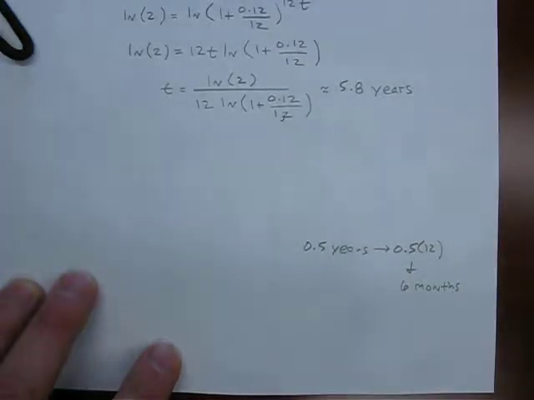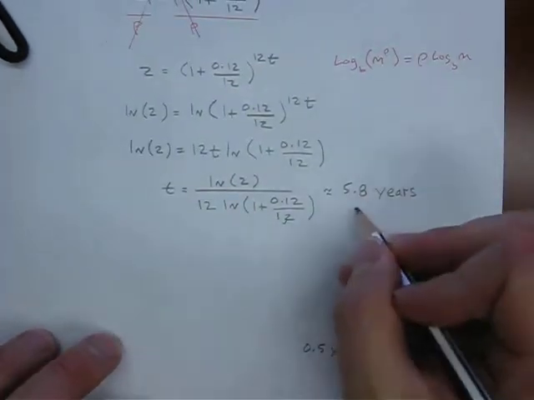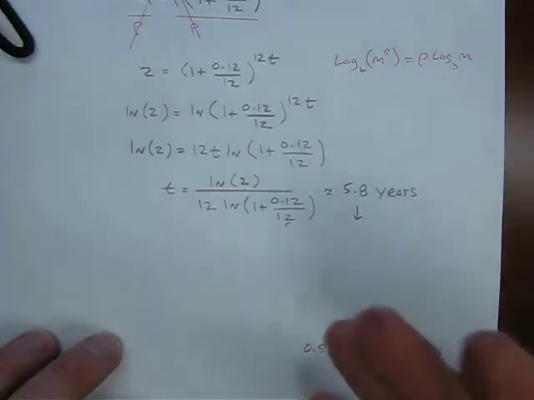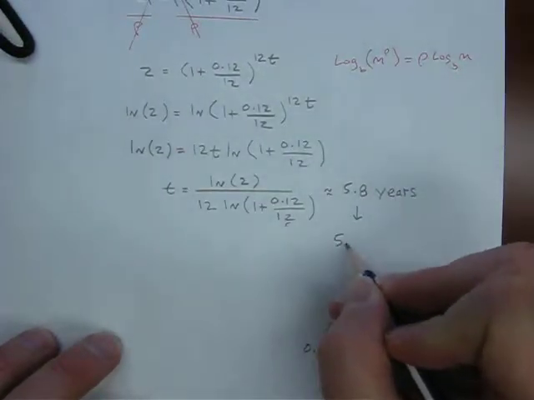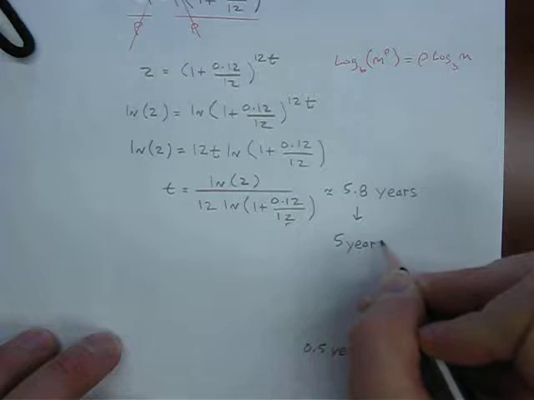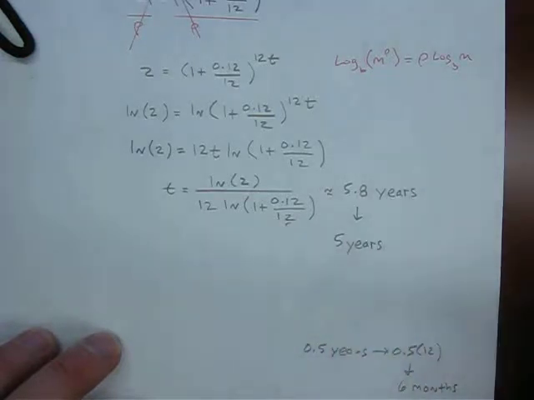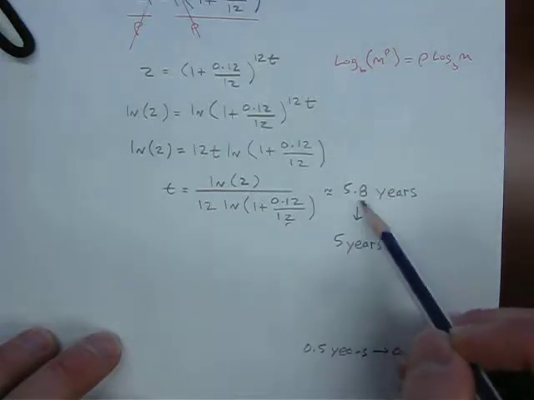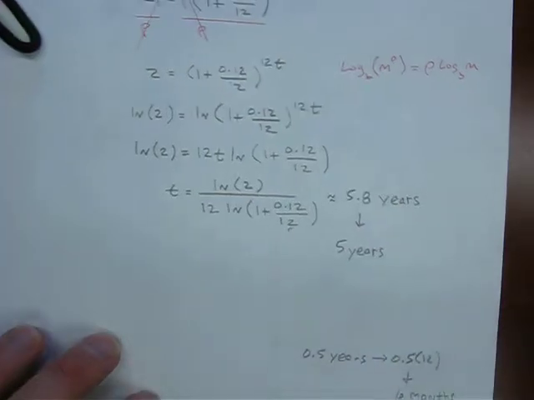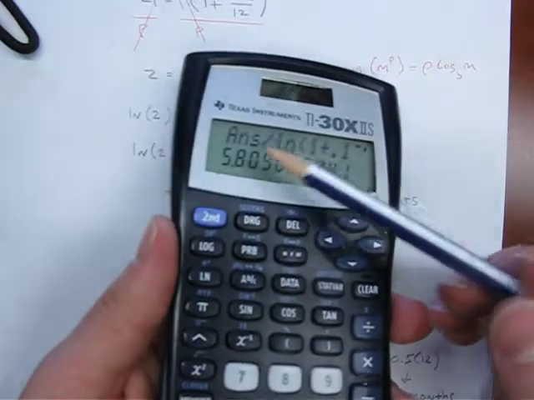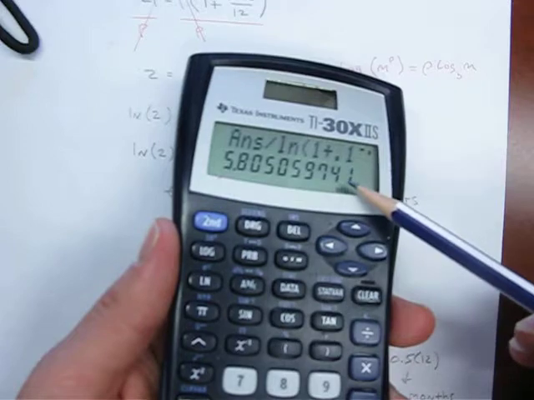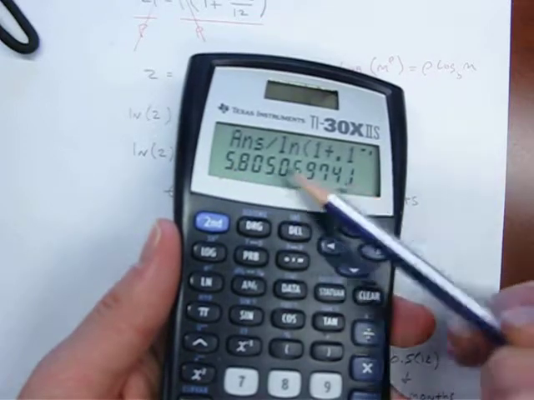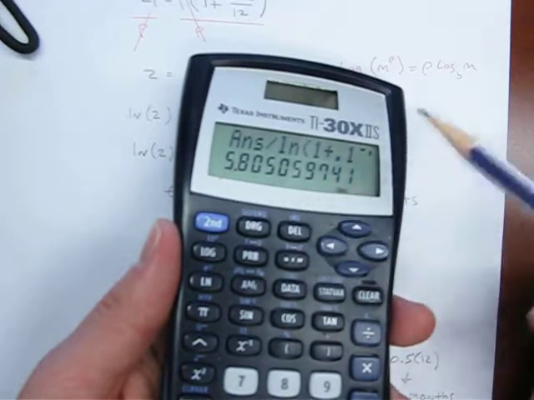Okay? So let's do this. To give this answer in the form as specified, in years and months, this will be 5 entire years and 0.8 times 12 months. Okay? So I have to take this decimal portion, 0.805, all that, and multiply that by 12.